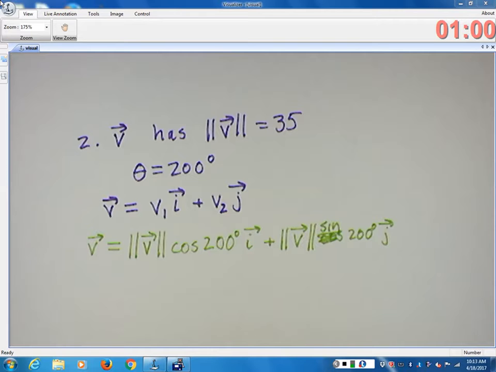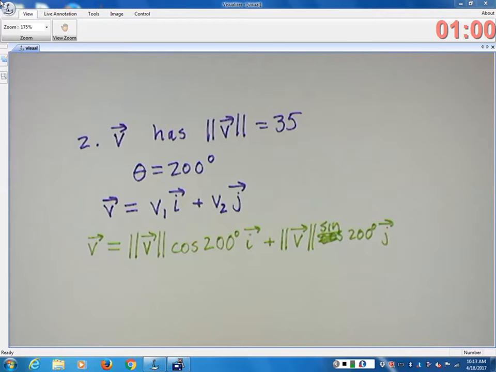Oh, no, you cannot combine those. This has an i on it, and this is j. You went one step too far. You can't combine them. They have an i and j. Stay like that. Okay?